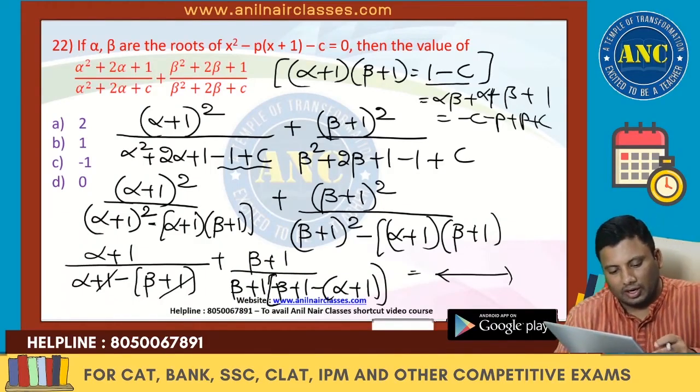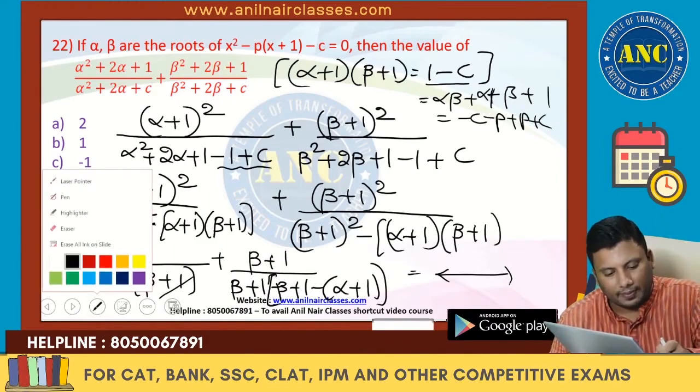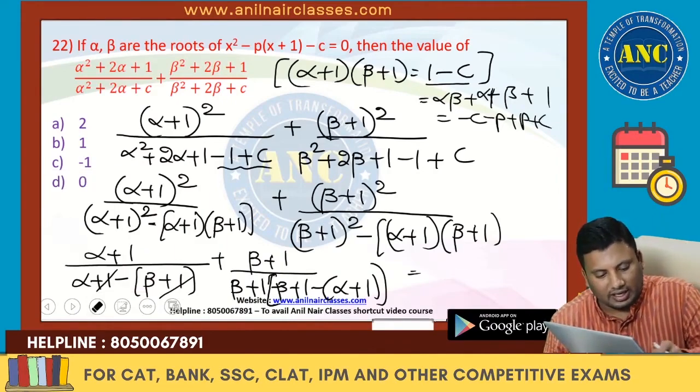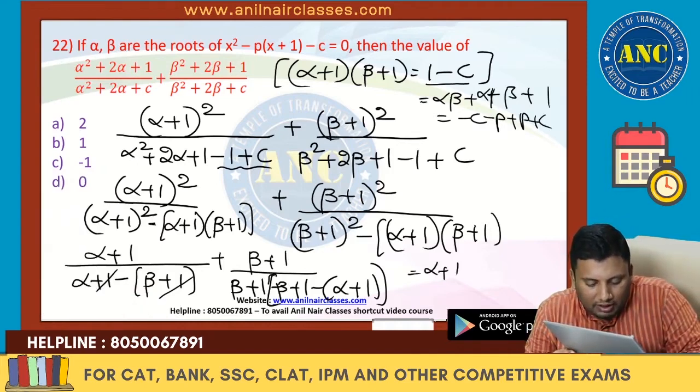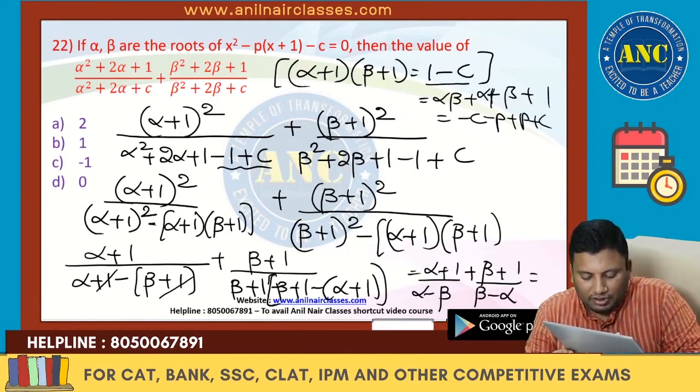So okay, got it. There is minus here, right? So here it is alpha plus 1 by alpha minus beta. This is beta plus 1 by beta minus alpha, which is nothing but 1. Why?